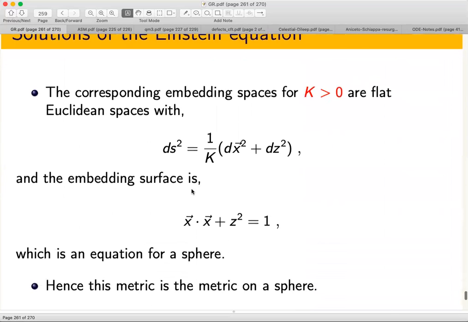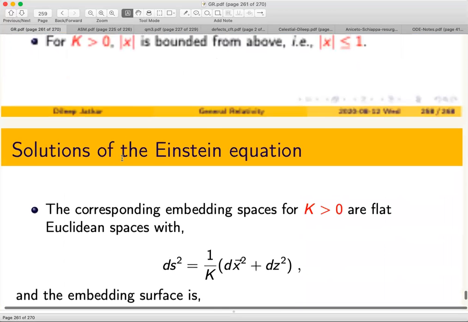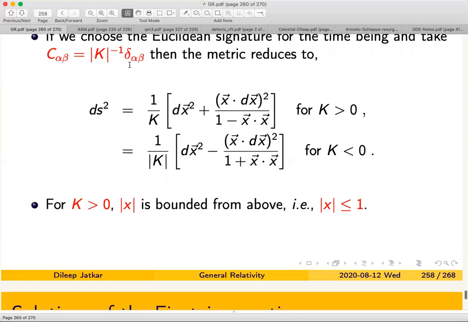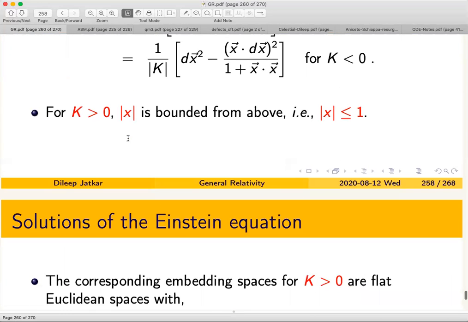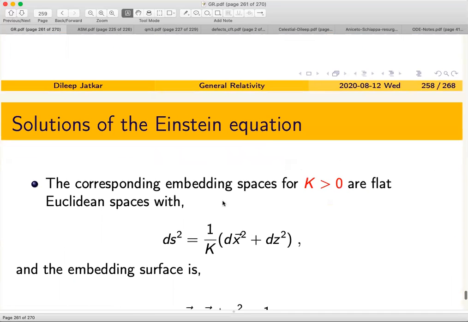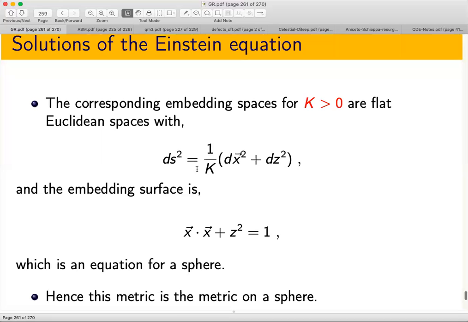So if you try to ask what is the embedding space metric, then the embedding space metric, because C alpha beta was just 1 over k times delta alpha beta, and if you take k to be positive, then mod k is the same as k, you find that the embedding space is actually flat Euclidean space. There is nothing special happening in the embedding space, because C alpha beta is just delta alpha beta.